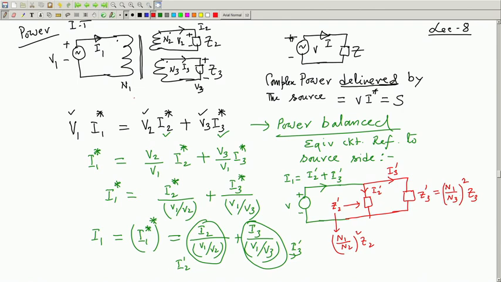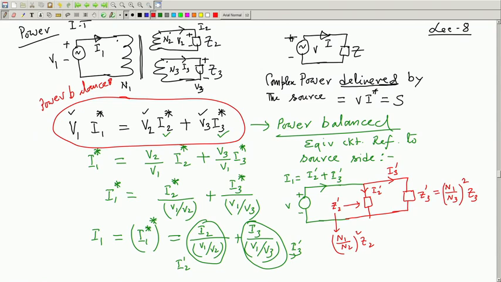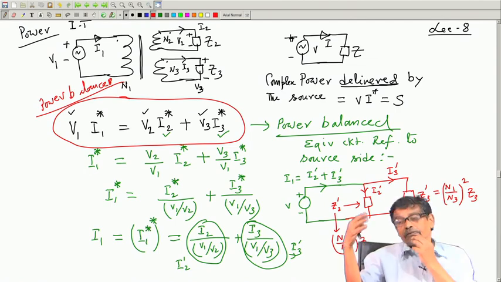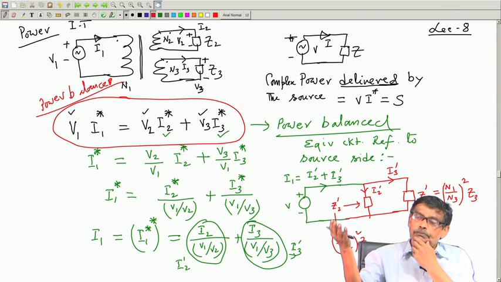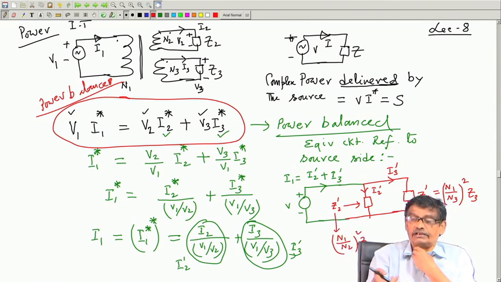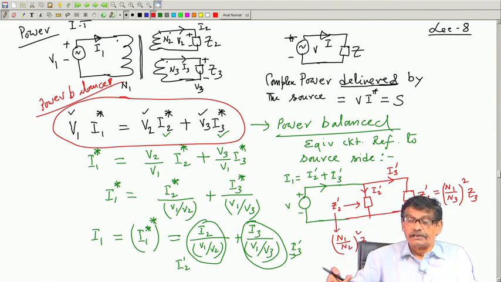So, this one is very useful, power balance. Try to use that. Power balance means complex power balance, both real and reactive power delivered by the source, that must be equal to sum of the real powers delivered to Z 2 Z 3 plus sum of the reactive powers. Based on that, this equation is written and you get everything.